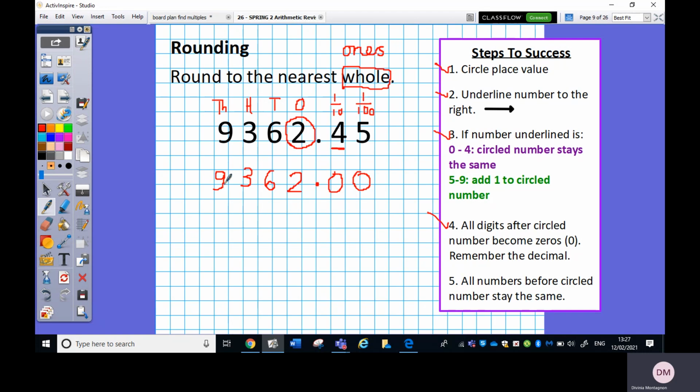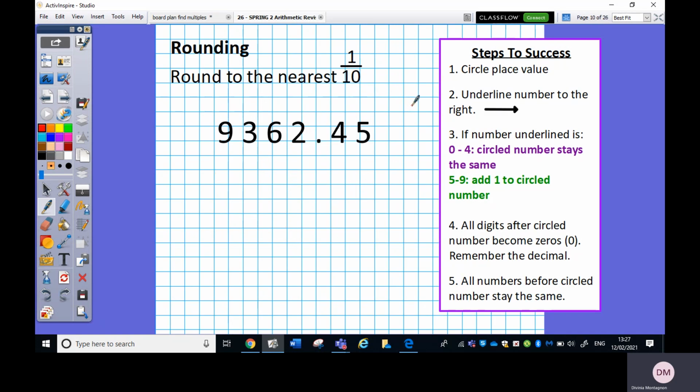And so the answer is 9,362.00 or 9,362, because the 2 zeros at the end aren't followed by another number, so we don't have to write those down. Okay, your turn. Can you read the first step?